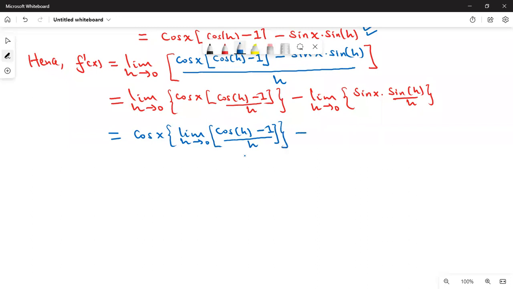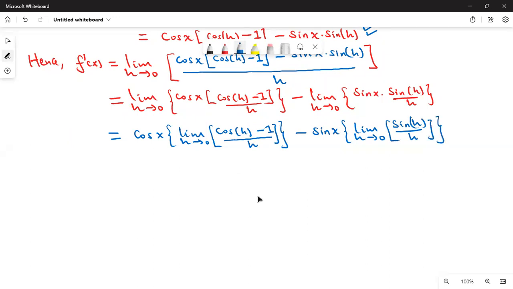Then here we again factor out sine x. Inside we have limit as h approaches 0 of sine h, everything over h. So we have these ones.